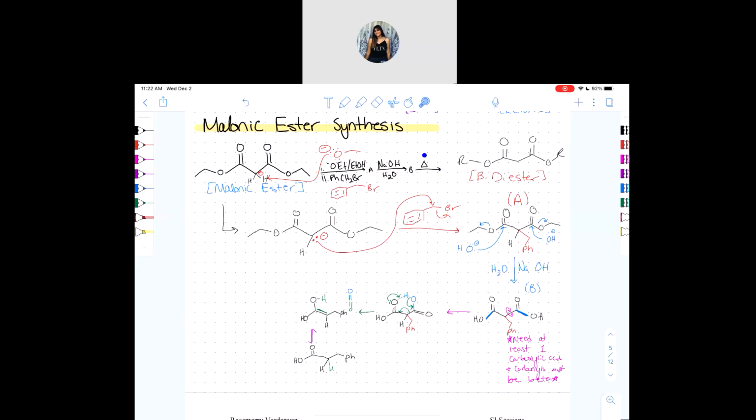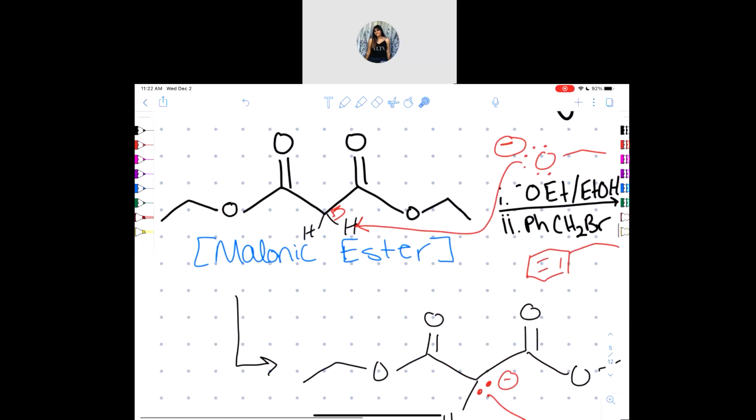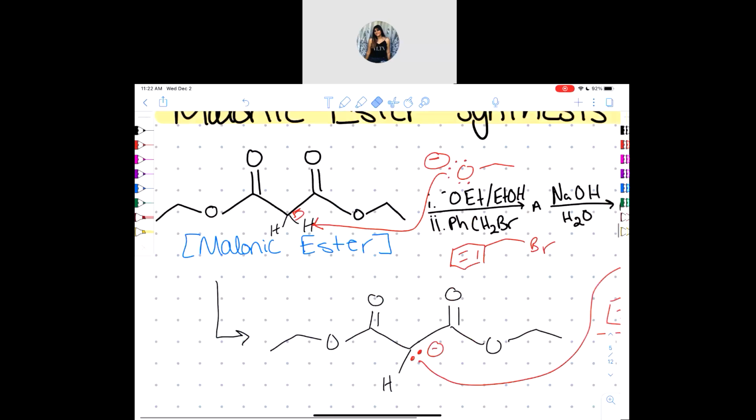You're probably going to have to draw out the decarboxylation a couple times. I know I had to. But eventually, once you draw it out a bunch of times, you can tell that you're just going to kick off this whole thing and end up with a double bond here and an H here. But we're going to do some practice with that because you definitely have to do this a couple times before you can kind of see the shortcut way.